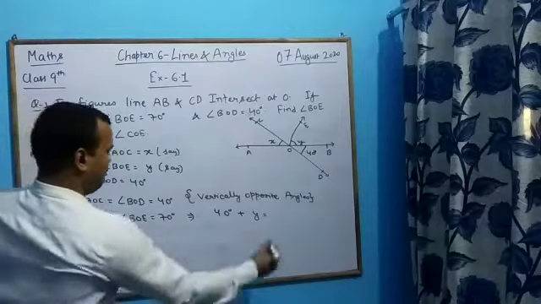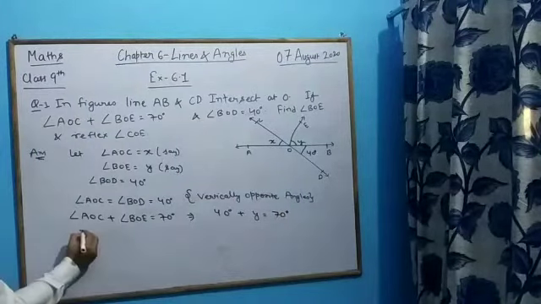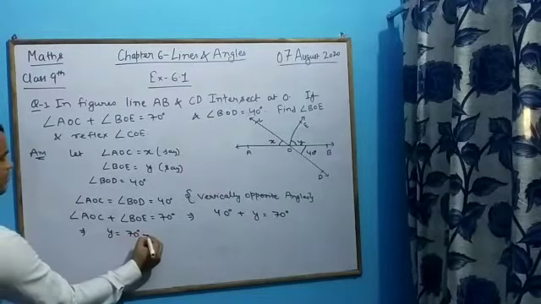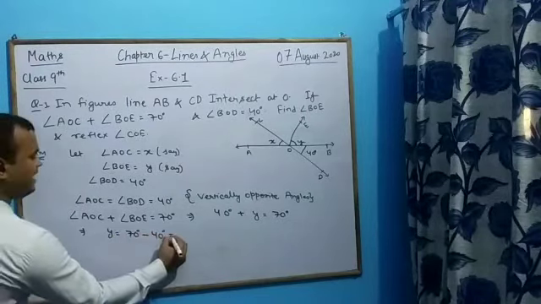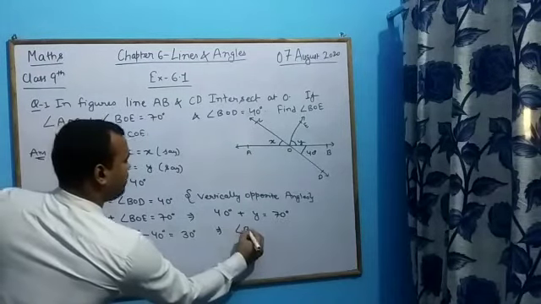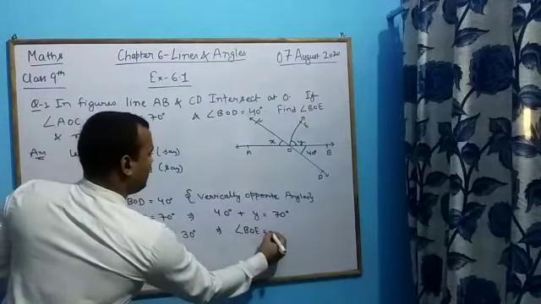Now what's the value of Y? To solve for Y, we transfer 40 degrees to the other side. 70 minus 40 is 30 degrees. We have taken angle BOE as Y, so angle BOE is equal to 30 degrees.